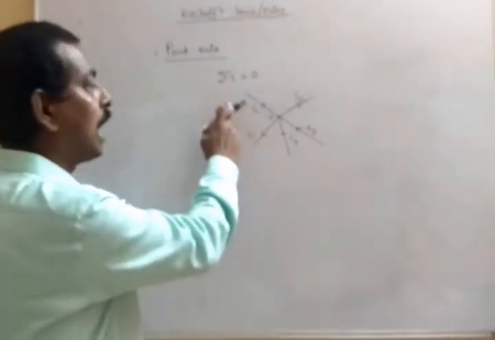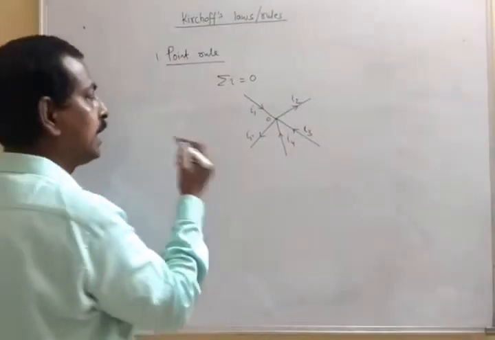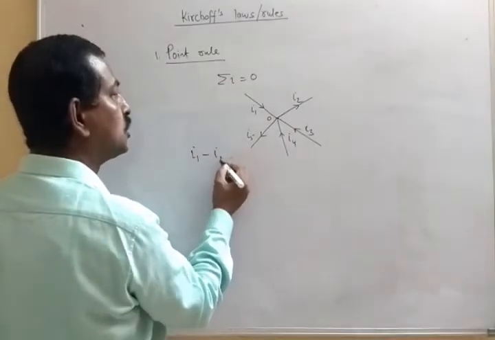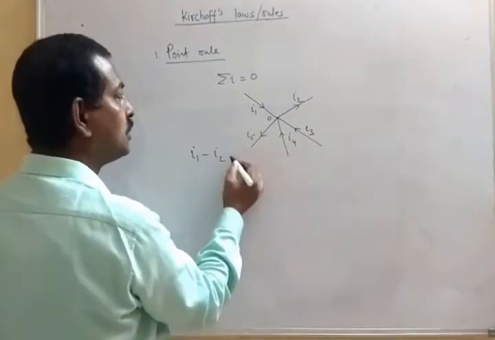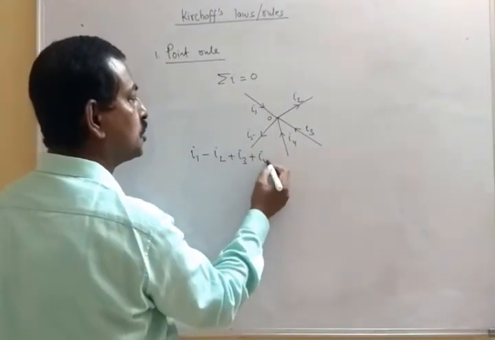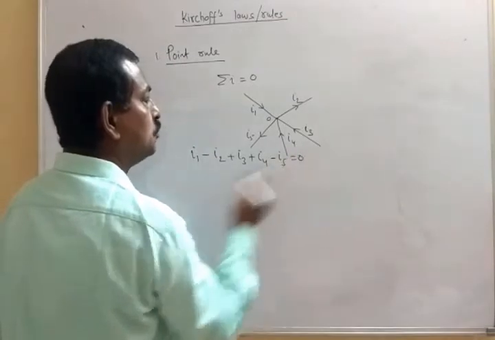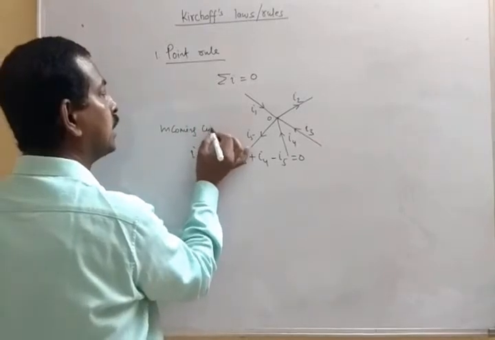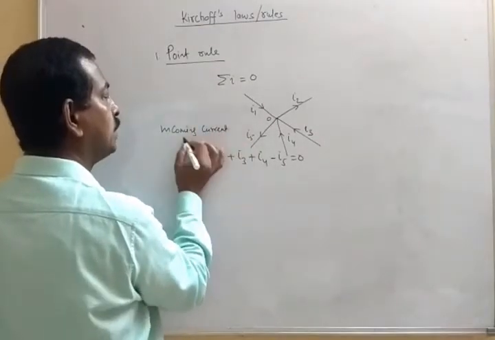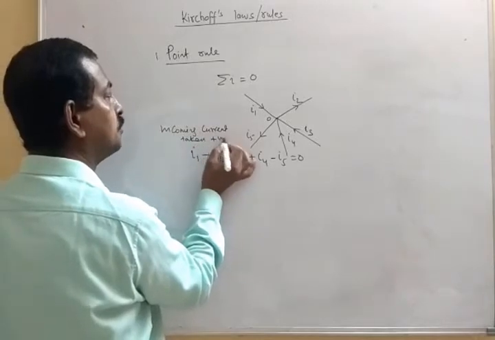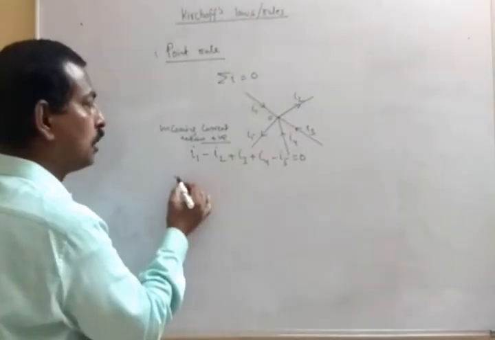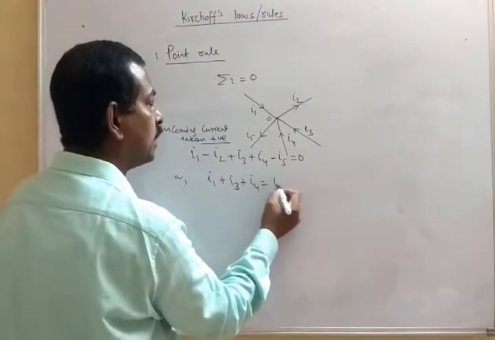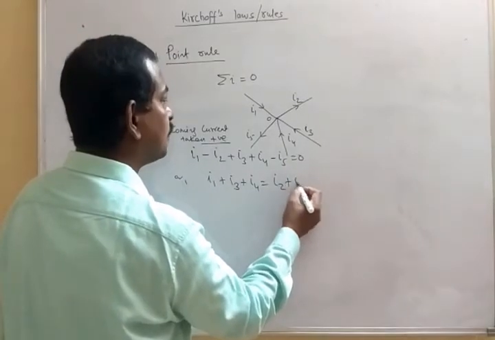In that case, I1 will be positive, I2 is negative because it is outgoing, I3 and I4 are positive, and I5 will be negative. So this can also be written as I1 plus I3 plus I4 equals I2 plus I5.